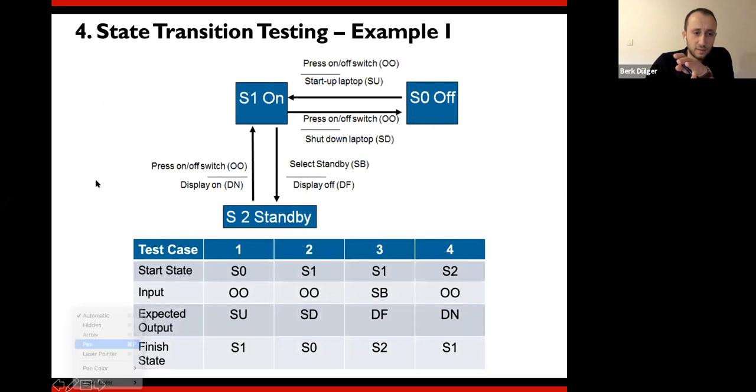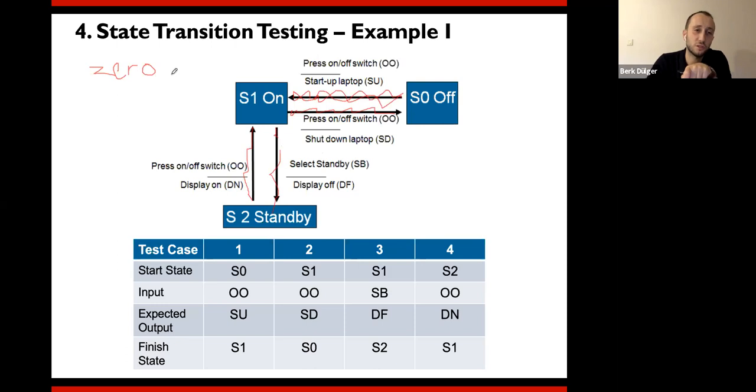As I said, there are different coverage criteria. The most common one is zero switch coverage. Zero switch coverage means testing all the one-way roads: testing the transition from off to on, from on to off, from on to standby, and from standby to on.